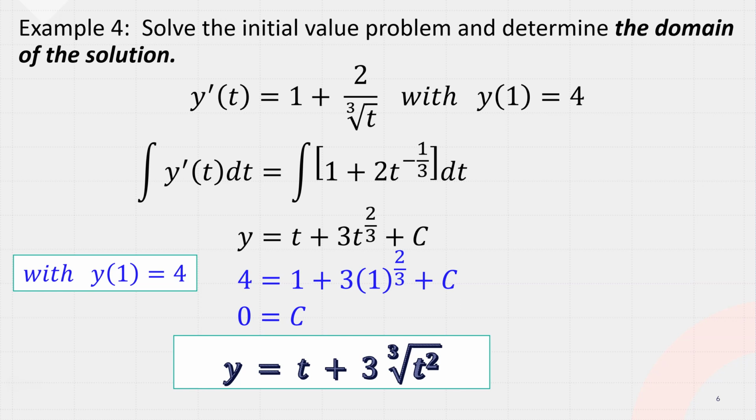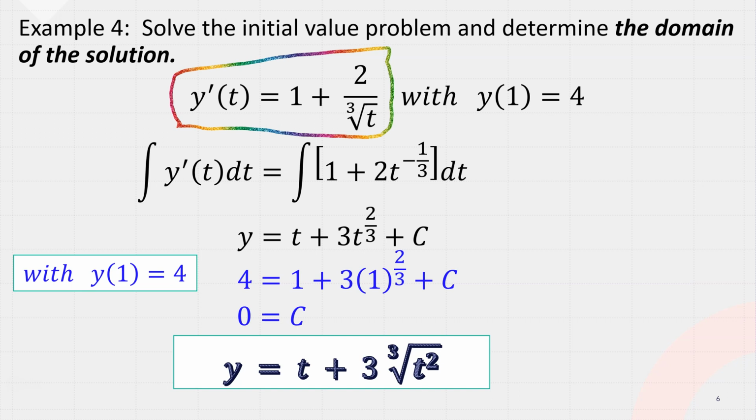Okay, now the domain of this function, if we were just talking about this particular function here, would be all real numbers, because you can always take a cube root and you can always add that to t. However, we are talking about this function as a solution to this differential equation.